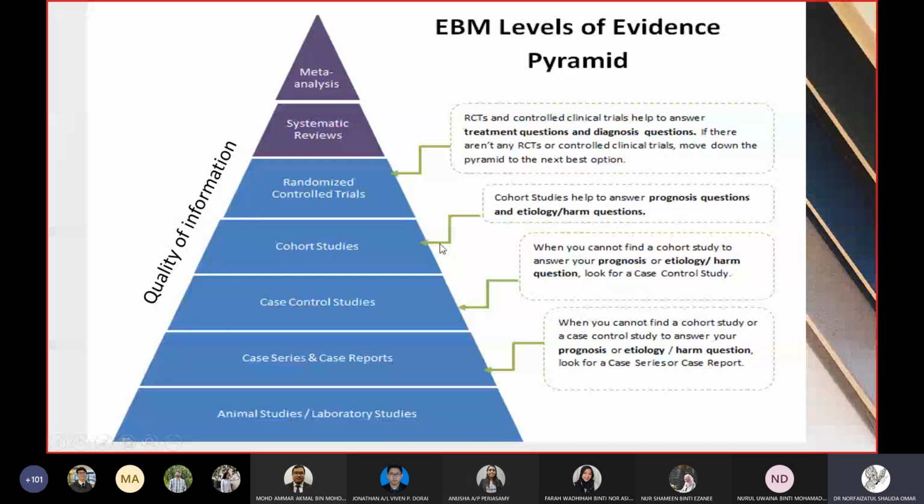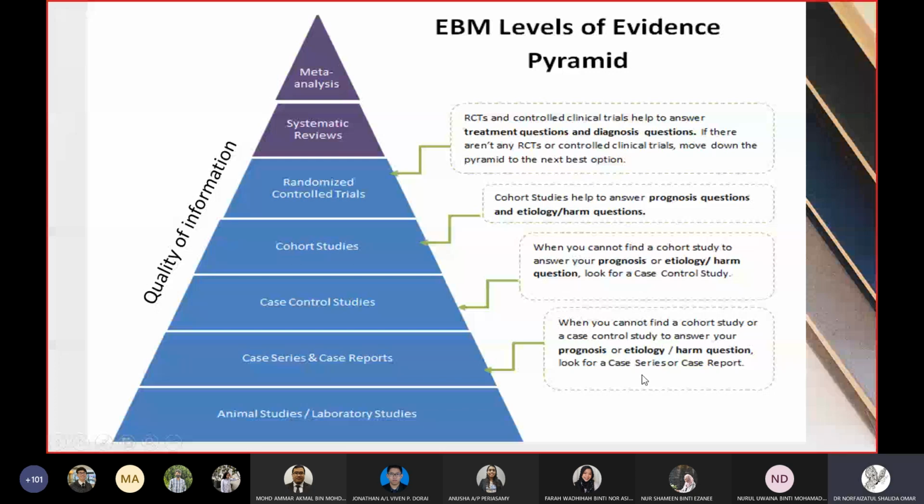So it means that the highest one is the meta-analysis. If you find a paper that shows a meta-analysis of some studies, that is a much more reliable source for you to take compared to the others. The lowest one is the animal studies or laboratory studies. So it says here when you cannot find a cohort study, just look for a case series.